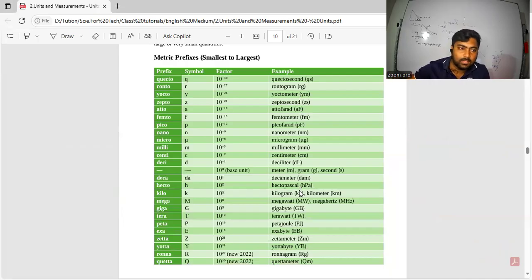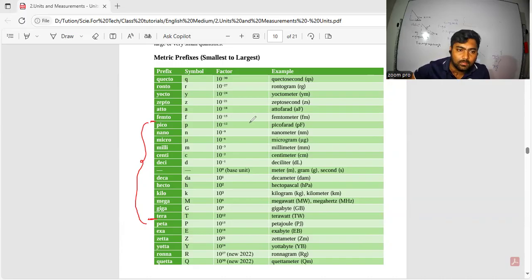Here we need only this part, 10 to the power from pico to giga. From here to here, we need only this part.